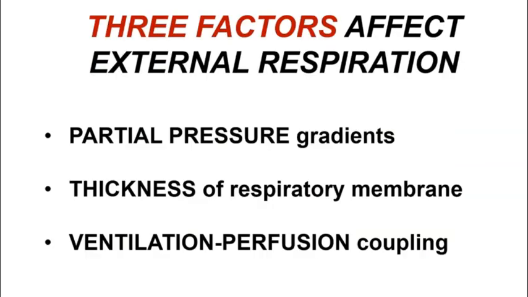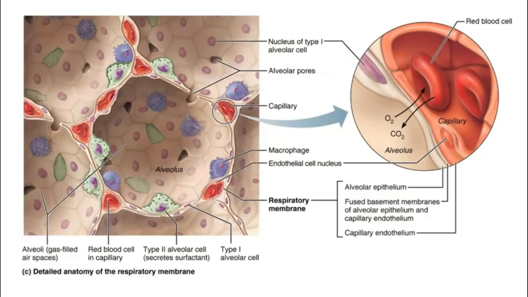So we've seen that partial pressures of respiratory gases help to drive diffusion during the process of external respiration. Now let's re-examine the respiratory membrane. So recall that the respiratory membrane in the lungs, that is between the air in the alveoli and the blood that's flowing through the pulmonary capillaries, is extremely thin.